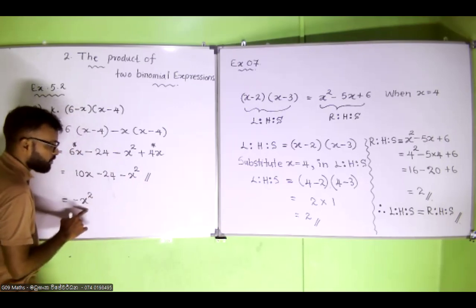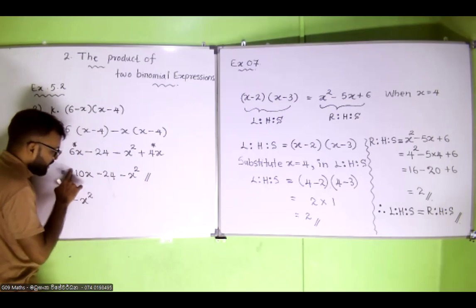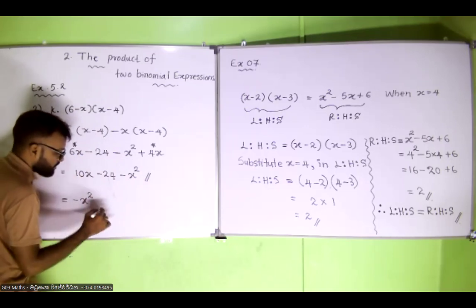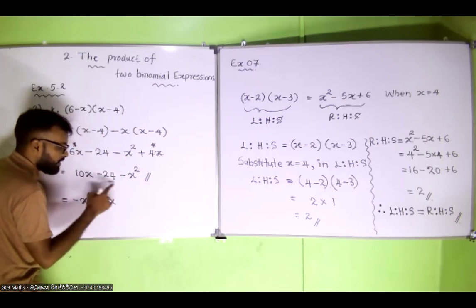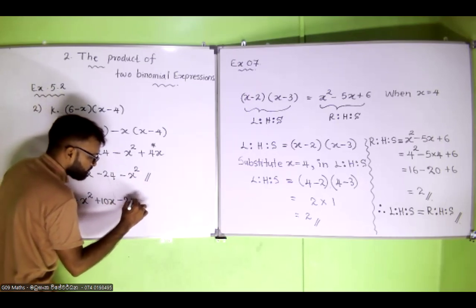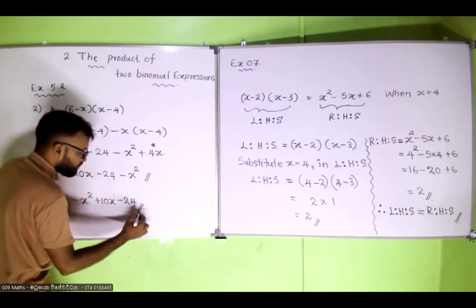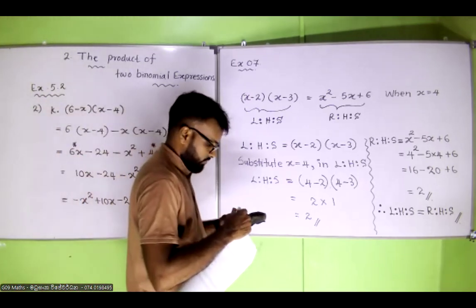Minus x squared, then this positive 10x, and at the end you write the constant, negative 24. So this should be your answer.